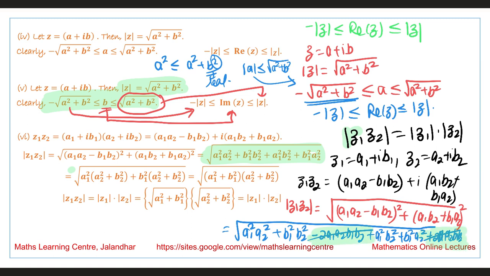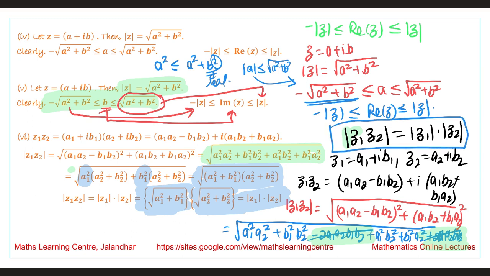These two values are cancelled. So on adjusting these terms, we take a1 square common, b1 square common, and we obtain the answer in this particular form, and this is basically the value of mod of z1 into mod of z2, because both these numbers are positive. We can separate these numbers over here and we obtain mod of z1 into mod of z2. So we have proved this result, that mod of z1 z2 is equal to mod of z1 into mod of z2.